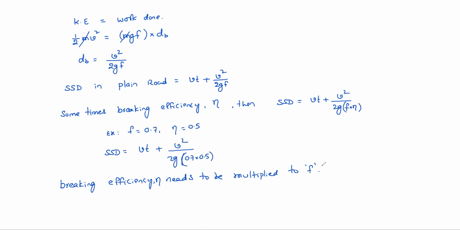After applying brakes, the brake may not lock the wheel completely, only partially. To compensate for that effect, we take efficiency. That f needs to be multiplied by that efficiency. If it is not given, nothing to worry.